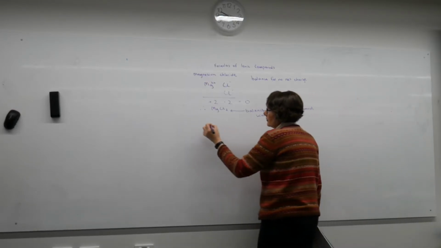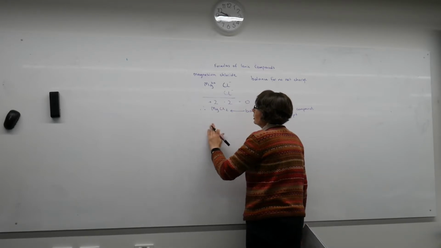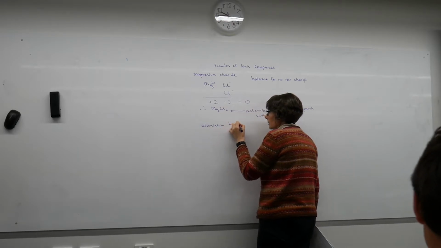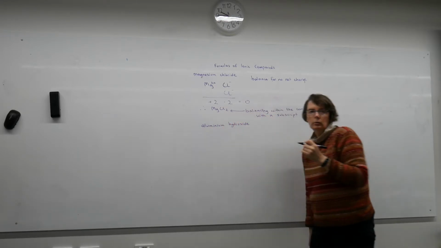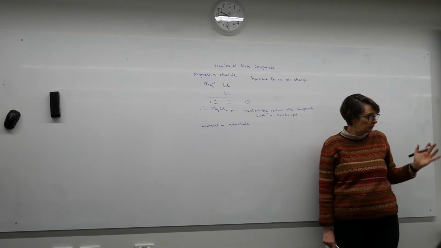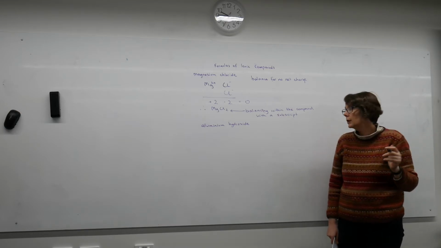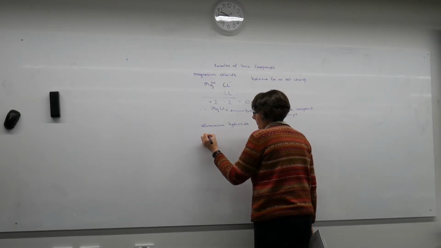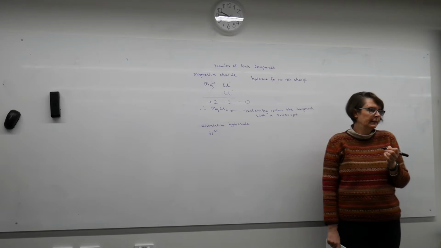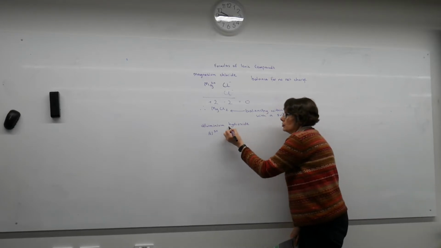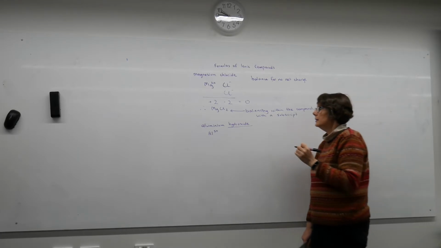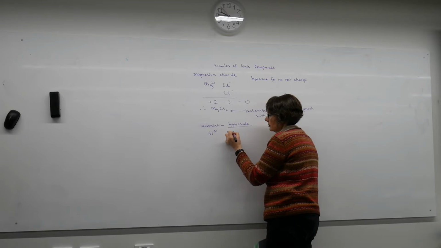What about if I have aluminium hydroxide? Right, same process. I'm going to look up aluminium on my formula sheet in the positively charged ions, and I'll find that it has a 3+ charge. And then I look up hydroxide, the whole word here, and I will find that it has a single negative charge.